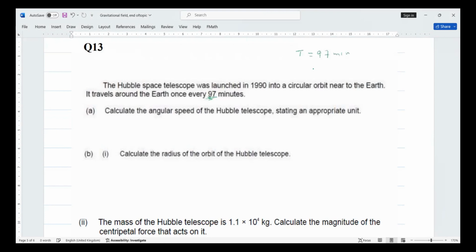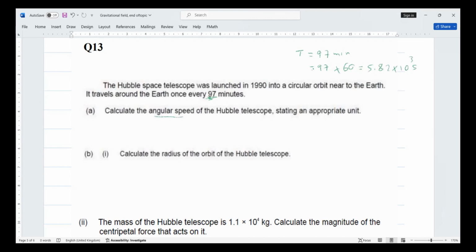We have to convert to seconds, so it's 97 multiplied by 60. We find that the time period is 5.82 multiply 10 power 3 seconds. So this is the time.